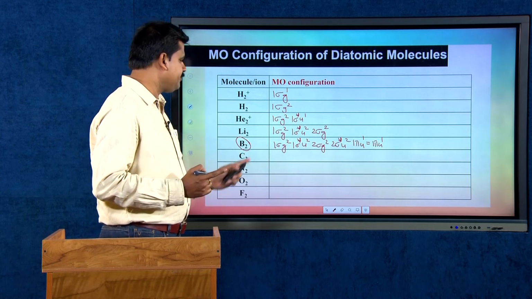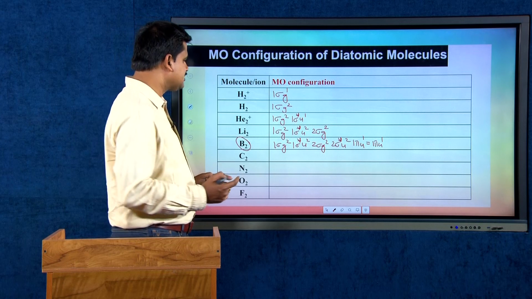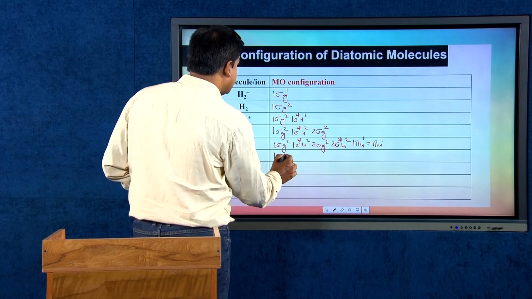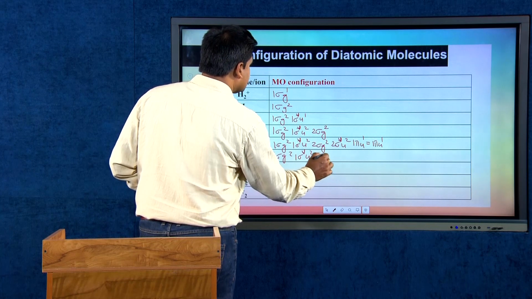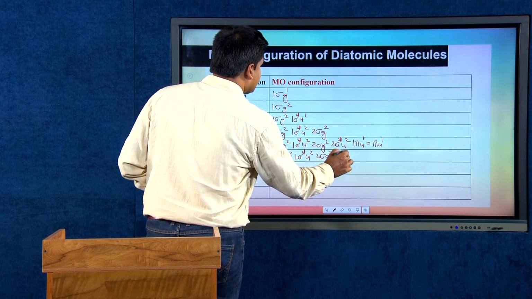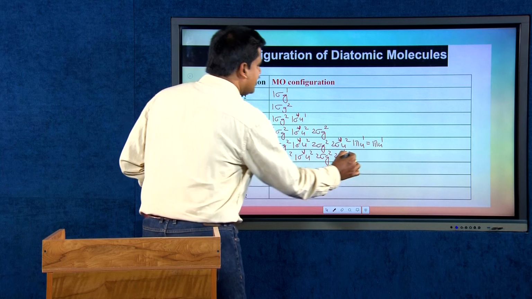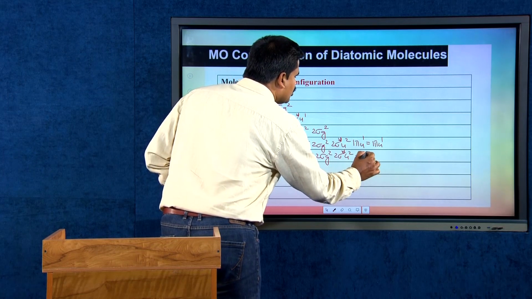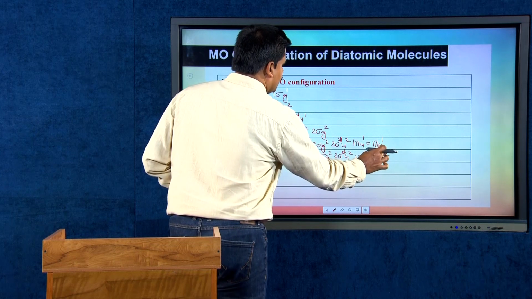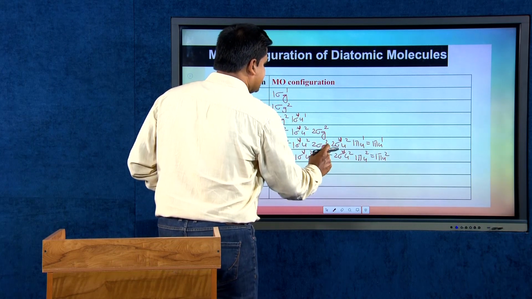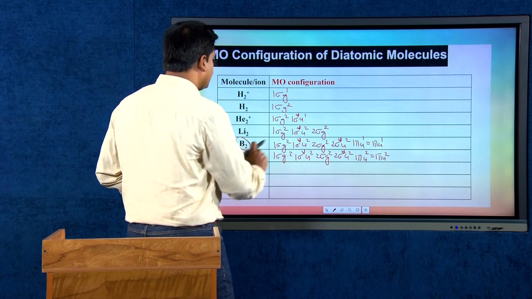Moving on to carbon. Carbon has a total of 12 electrons, and the arrangement is 1 sigma g2, 1 sigma star u2, 2 sigma g2, 2 sigma star u2, then 1 pi u2 equal to 1 pi u2. 2, 4, 6, 8, 10, 12. So 12 electrons are here.